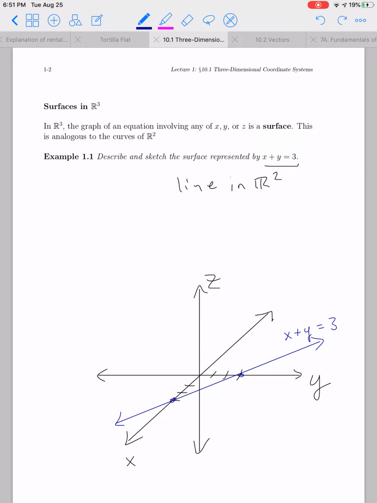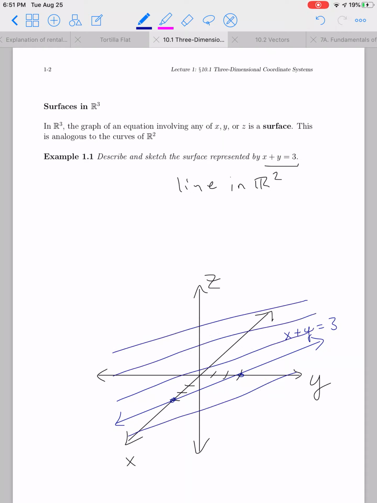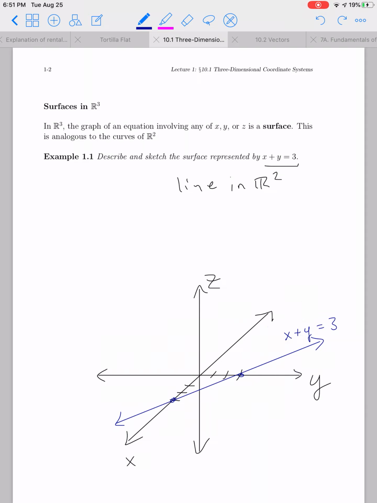Well, if that's the case, it means this line can sit at every height, every level above and below it. Well, if we were to continuously run that line up and down or sort of project it along all those z values, well, what we'll end up with is a plane. And that's exactly what this thing is in R3. So this is a plane in R3.